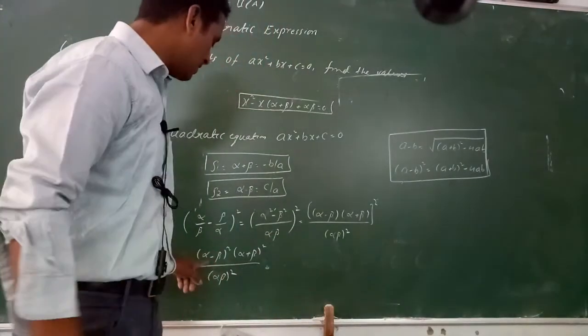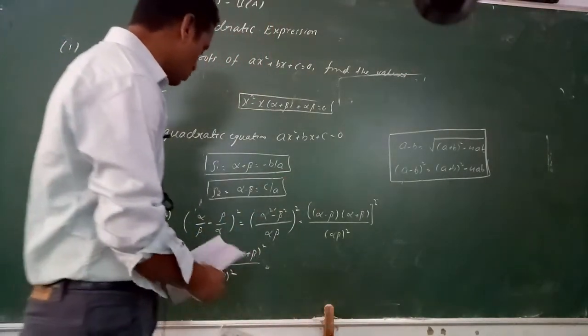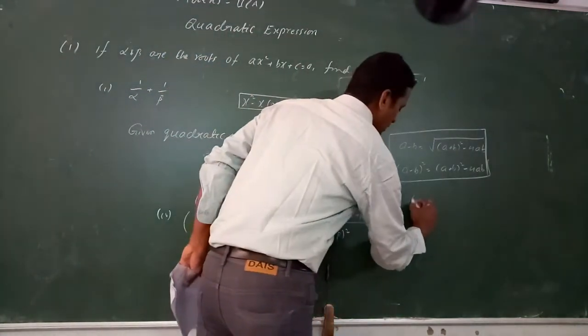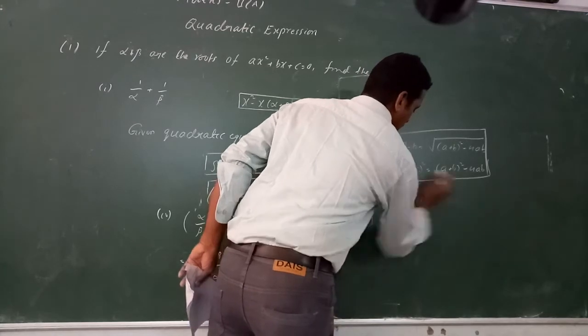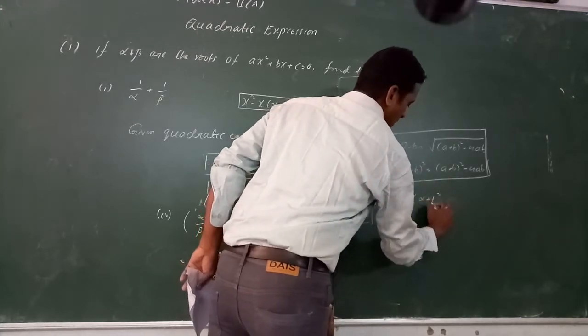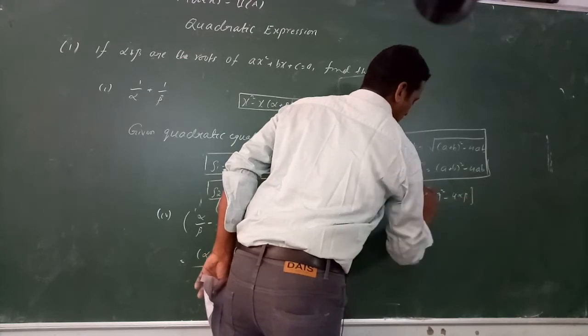What is the a value here? Alpha. What is the b value? Beta. So applying, alpha minus beta whole square is alpha plus beta whole square minus 4 alpha beta.